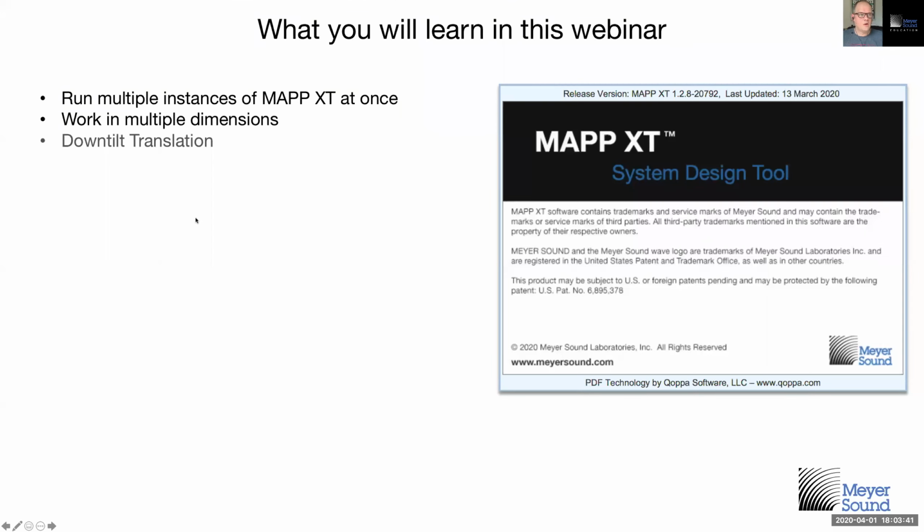We will learn about Downtilt Translation, which is, after all, the reason for this webinar. And finally, we will learn how to determine the usable width for Leo family products, such as Leo, Lion, Leopard, and Lena. A recording of this webinar will be uploaded to our YouTube channel upon completion of the webinar.